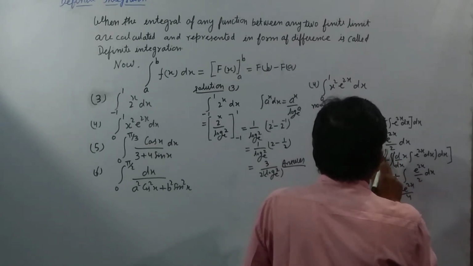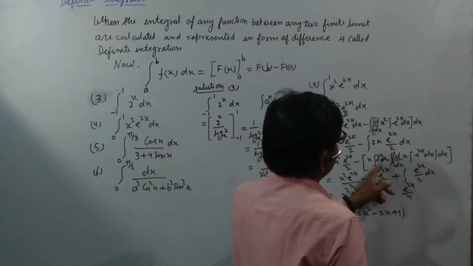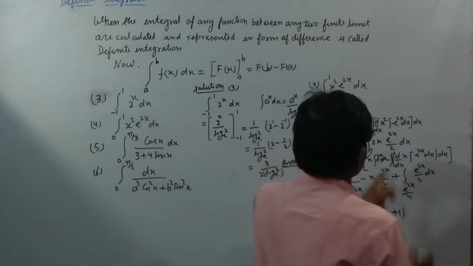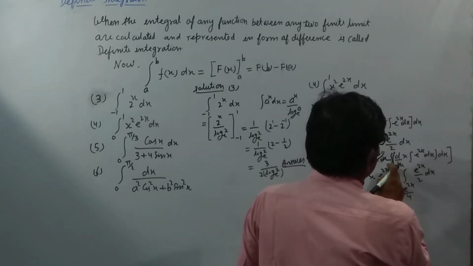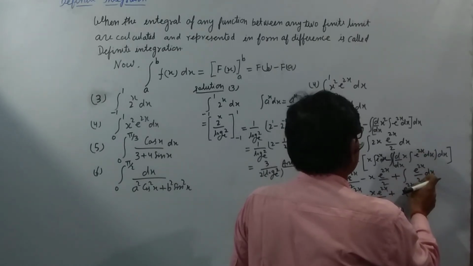In this case, integration of e to the power 2x dx is e to the power 2x by 2, and minus, this is equal to plus, and integration of the differentiation, this is 1, and this is e to the power 2x divided by 2.